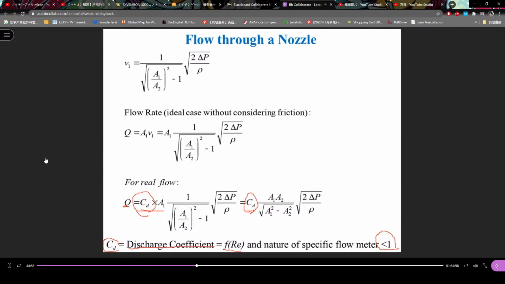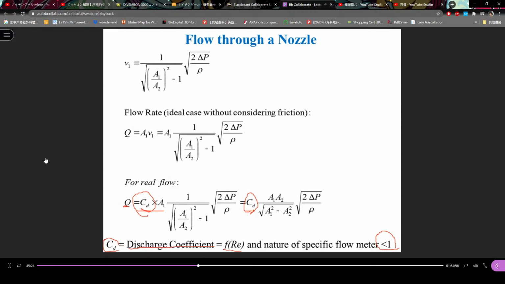This coefficient is obtained in the manufacturer's laboratory through calibration. After they finish manufacturing the instrument, they give it to the laboratory to do the test. Of course, they have to measure the real flow rate by another, more accurate instrument.